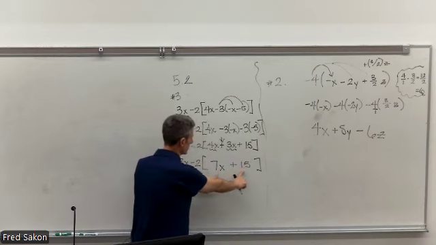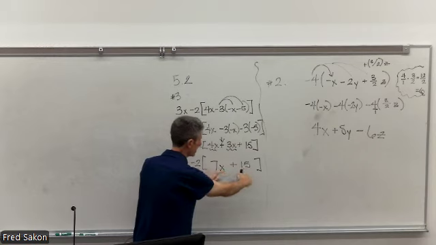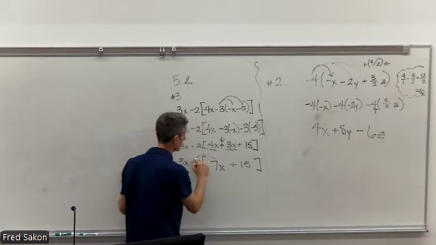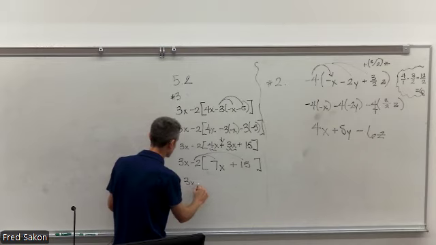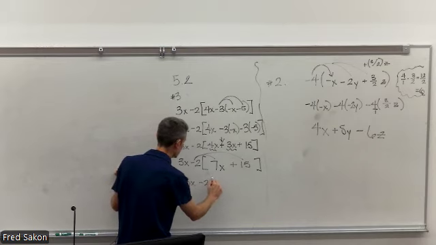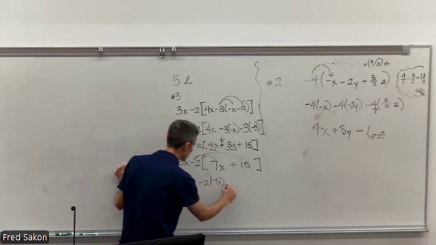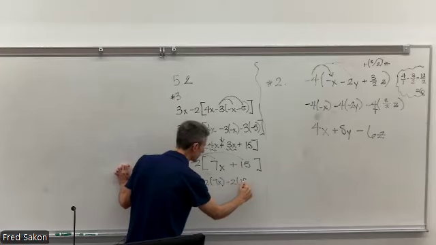Can we operate on these together? No. So we've got to come out here again to that distribution. 3x minus 2 times 7x minus 2 times 15.